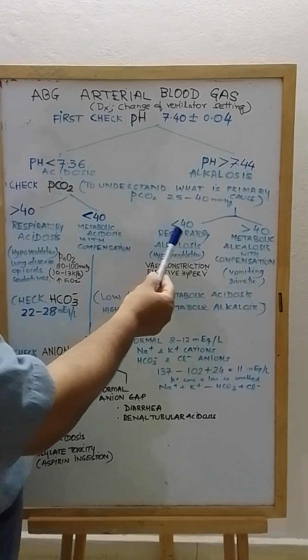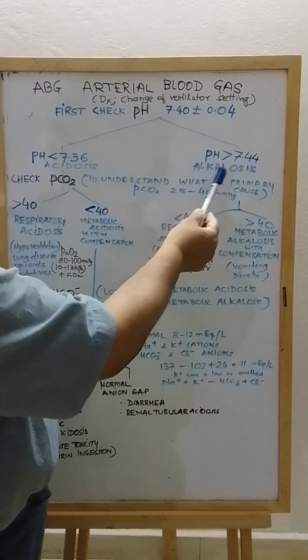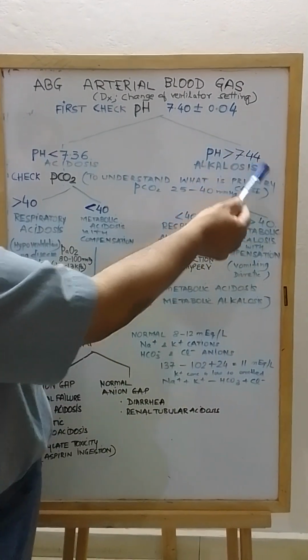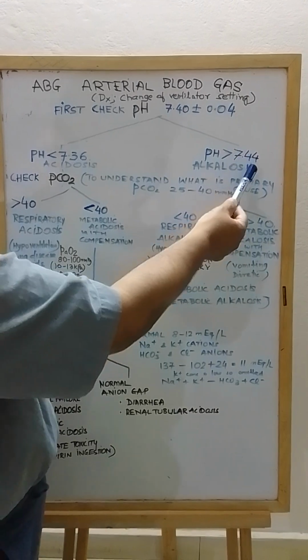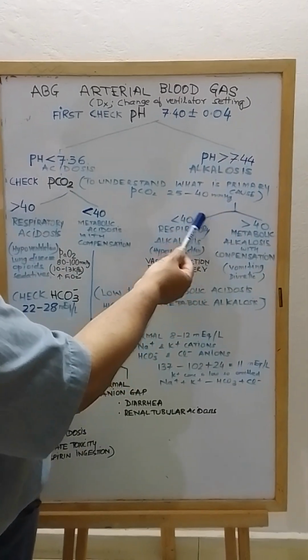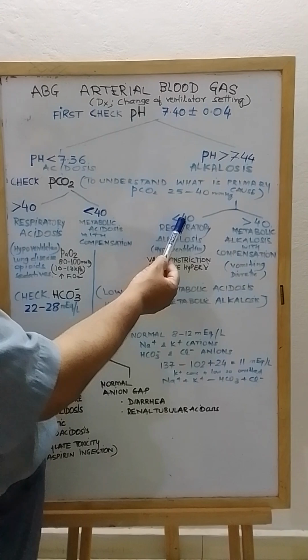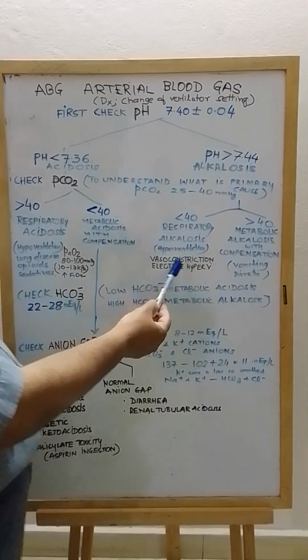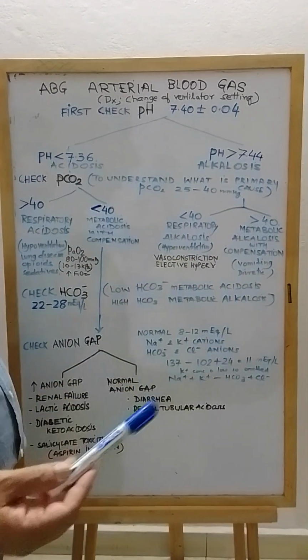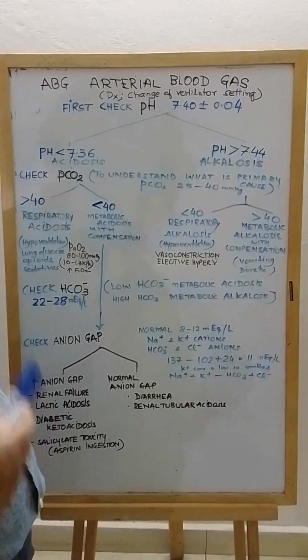Then if you find the pH is more than 7.44, and the PCO2 is less than 40 millimeters Hg, it shows that the patient is hyperventilating.